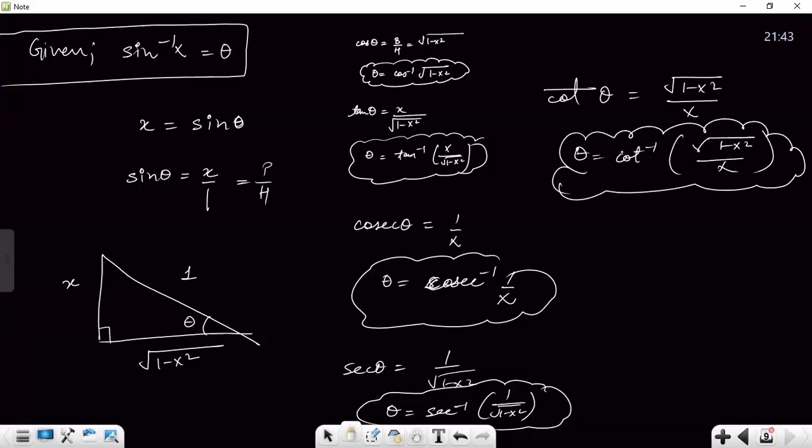So this is how we can solve for different sine theta, cos theta by using this right angle triangle illustration. Any doubts so far? No, sir.